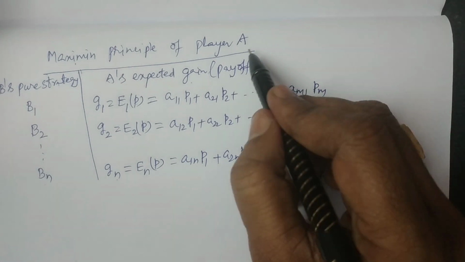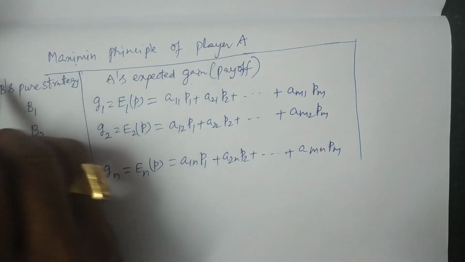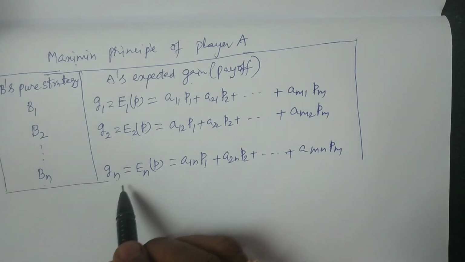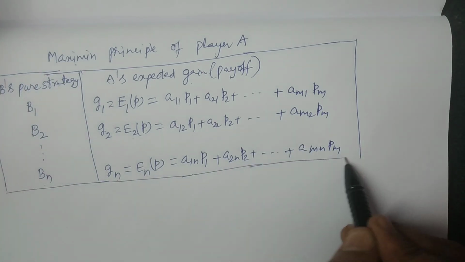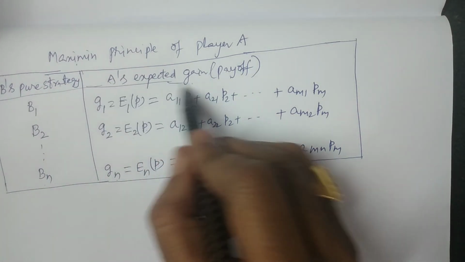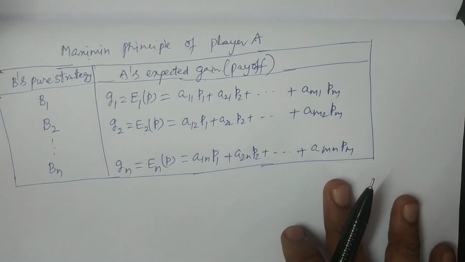So this is the consideration of the expected gains. If player B uses the pure strategy, then what would be the expected gains of player A? This table represents this, right?